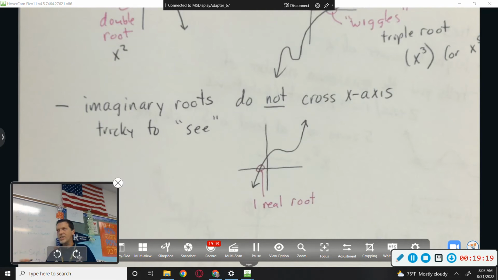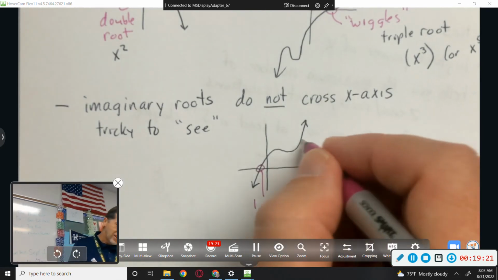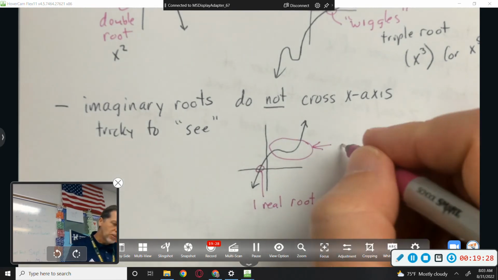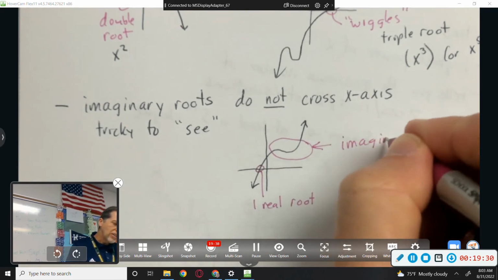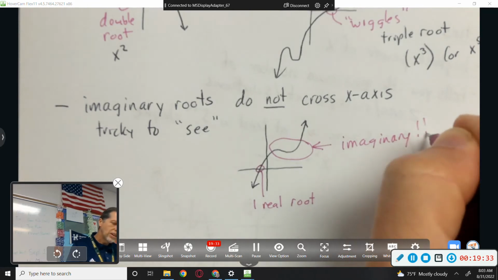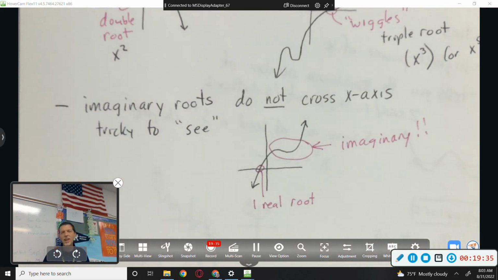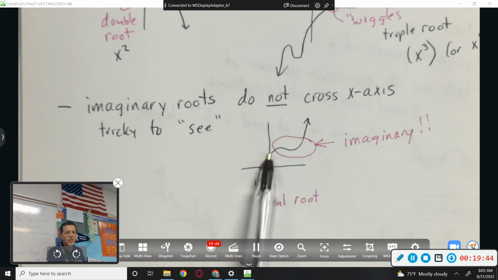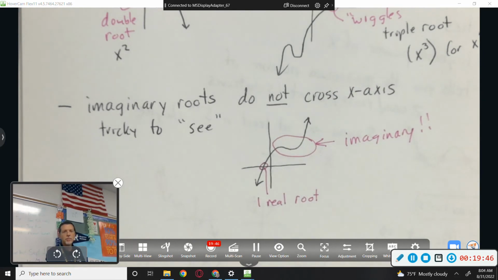If there's wiggles that don't cross the x-axis, I don't know where it is or how it is, because you don't see imaginary roots, but somewhere in there, something imaginary is going on when it wiggles without crossing the x-axis. Because that means you've got higher powers, but you don't have more solutions, so those solutions are imaginary. So wiggling without crossing, there's something imaginary going on.